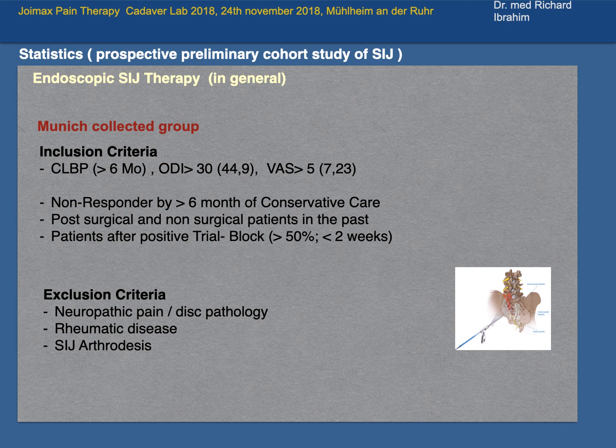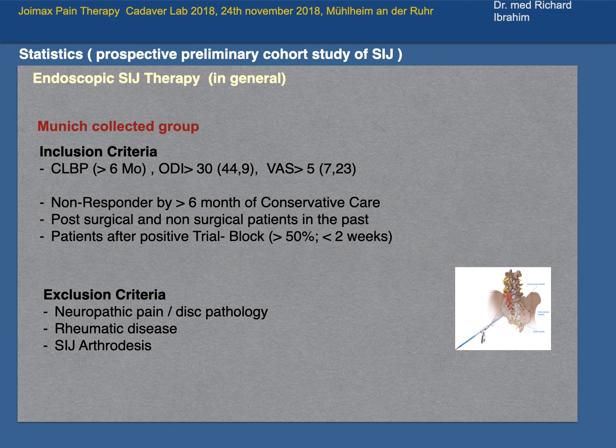So there is by now only my study in Europe, but I hope we will have other interesting studies about the SI joint. We put the first 30 cases in a clear cohort study with patients having more than 6 months of conservative treatment. We made a positive block. This is a very important part.